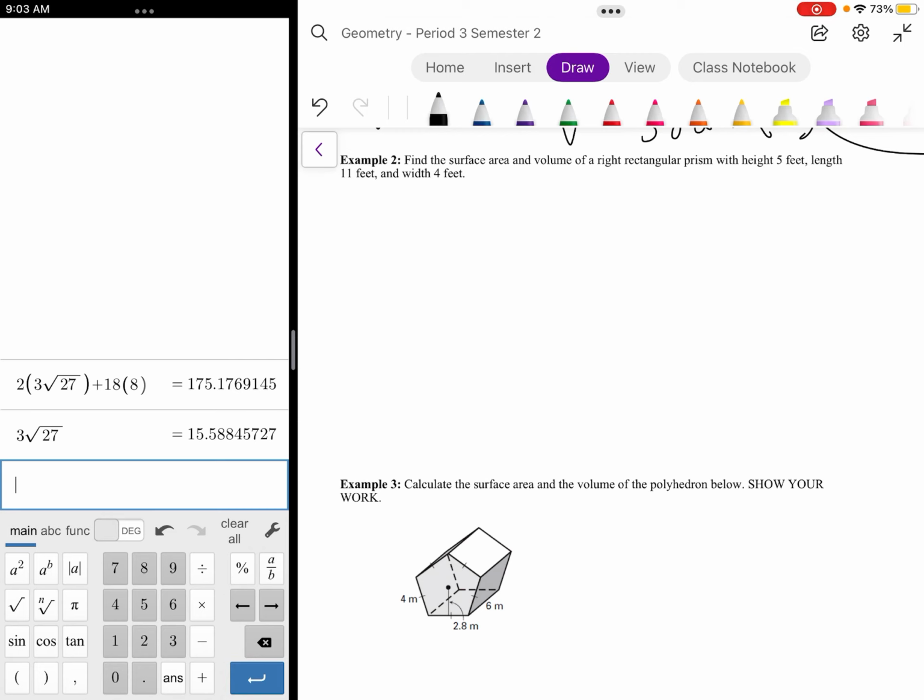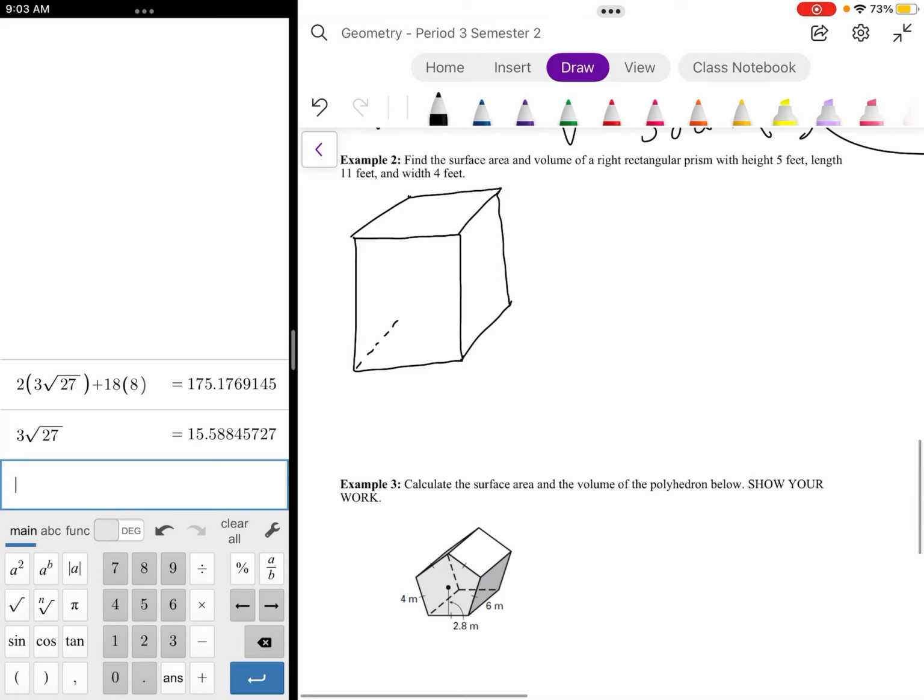So our next example, we're going to find the surface area and volume of a right rectangular prism with a height of 5. So we're going to start by drawing it.